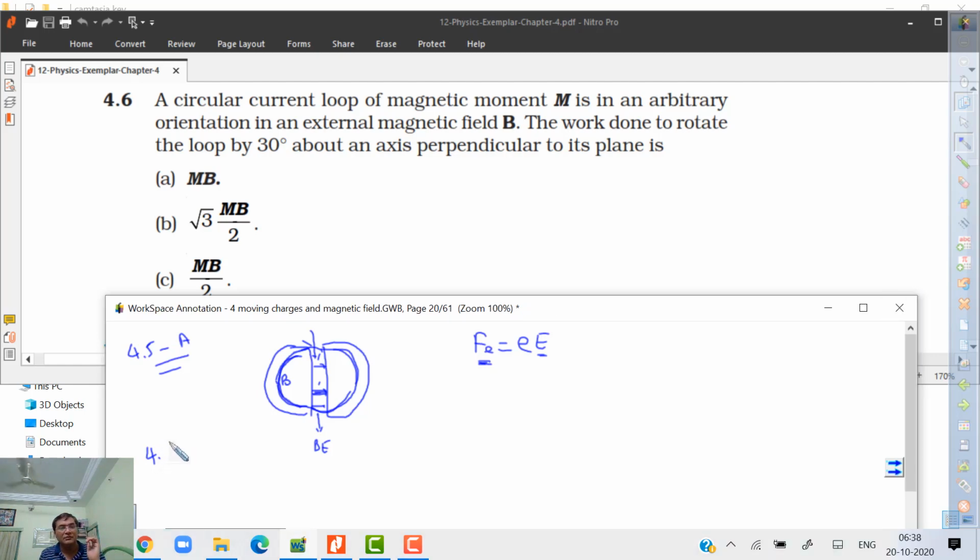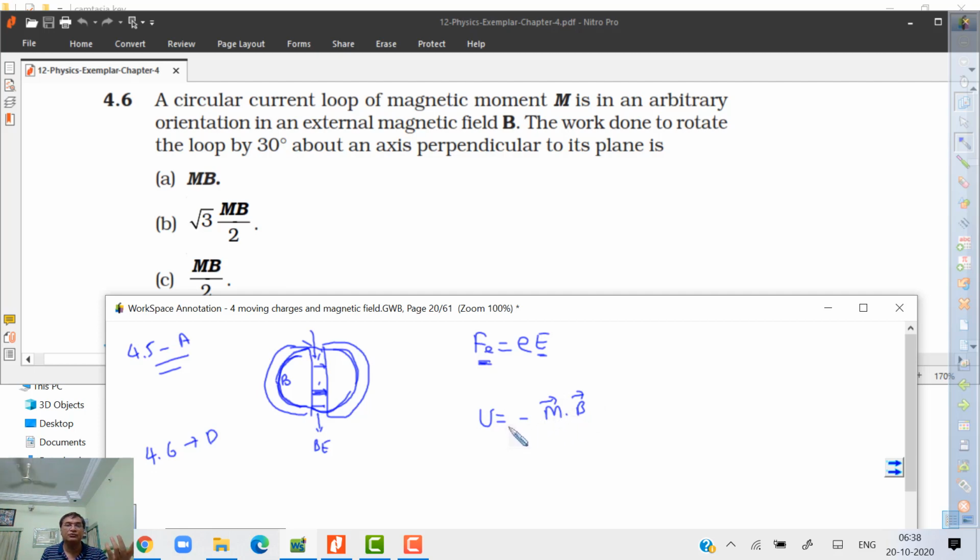But if you are rotating the coil like this, then the angle with B will change. And when the angle between A and B changes, A is the area vector, B is the magnetic field, because potential energy is equal to minus M dot B. So potential energy will change because theta will change.